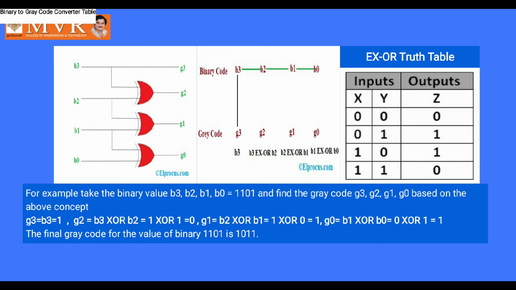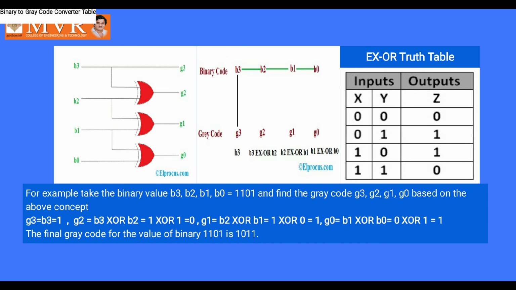So G3 is 1, G2 is 0, and G1 is 1. Now come to the last LSB, that is G0. This will be calculated using B1 and B0. If you perform XOR on B1 and B0, in the given example the B1 value is 0 and the B0 value is 1.